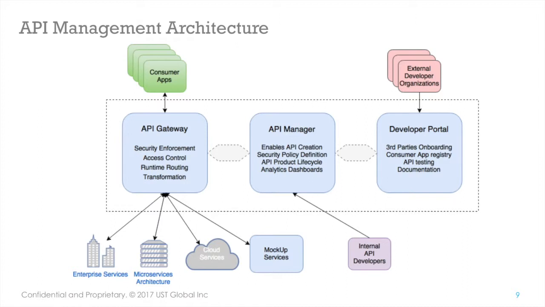The typical API management architecture that is reflected in the API Connect service is composed by three different elements. I would say the API gateway, that is where all the live traffic is going to pass through and is in charge of the security enforcement, access control, transformation, etc. Then we have the second component, that is the API manager, that enables API creation, the security policy definition, and the analytic dashboards, as well as the API product lifecycle.